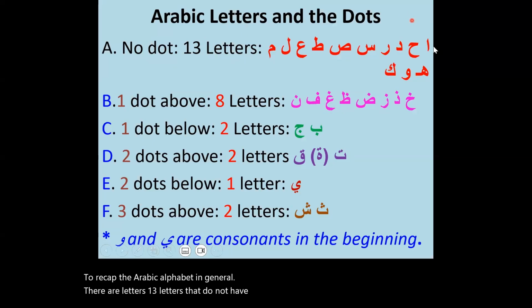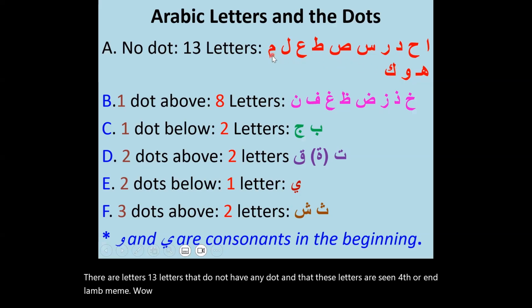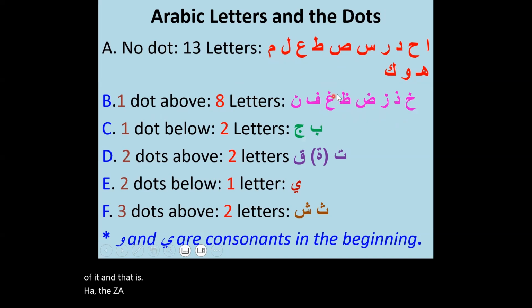And these letters are Alif, Ha, Dal, Ra, Sin, Sad, Ta, Ain, Lam, Mim, Ha, Waw, Kaf. These have no dots. So there are 8 letters in Arabic with one dot above or on top of it. And that is Kha, Dhal, Za, Dad, Dha, Ghain, Fa, Noon.